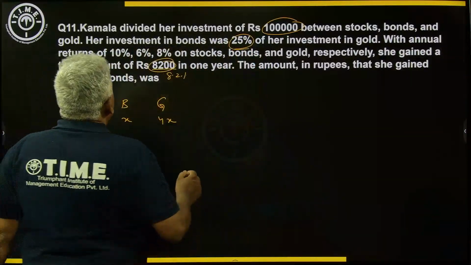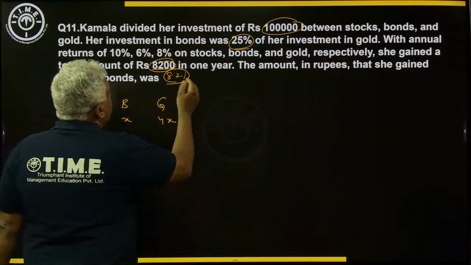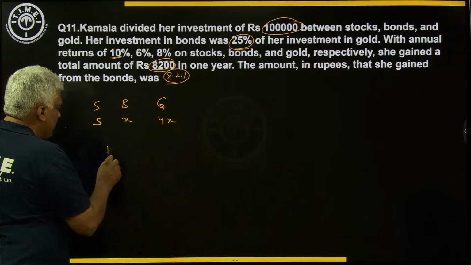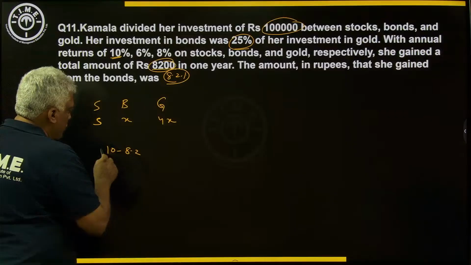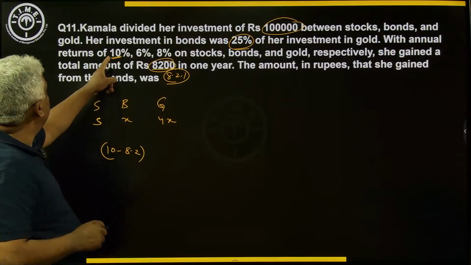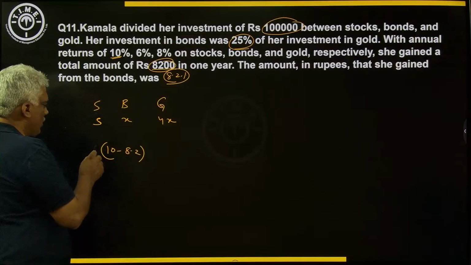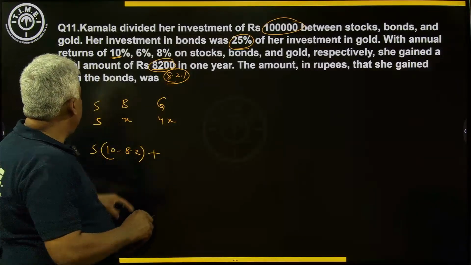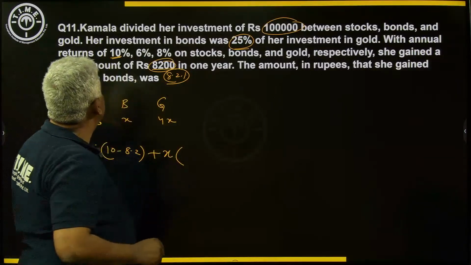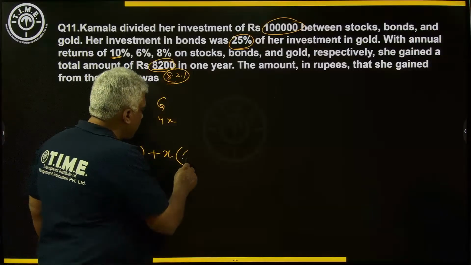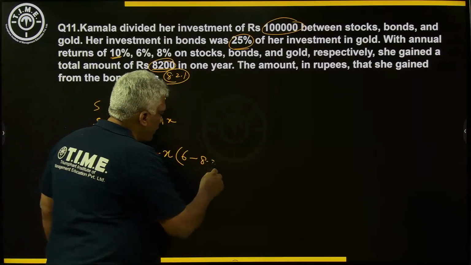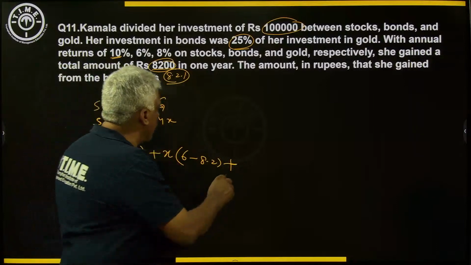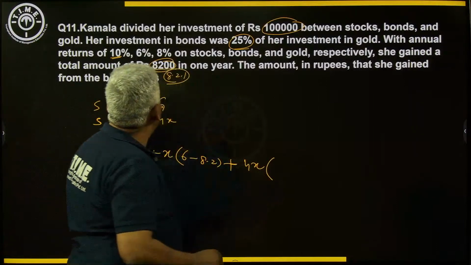Now here you see, the average return is 8.2%. Here return is 10%. So 10 minus 8.2, this is the deviation, into the weightage, that is stock, S, plus, now bond is x, and here the deviation for bond is 6 minus the average 8.2, plus here you see that 4x is the gold, and gold is 8%.